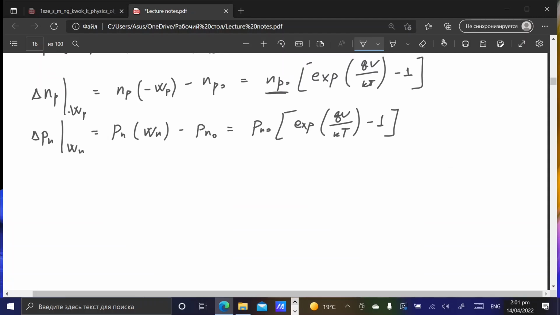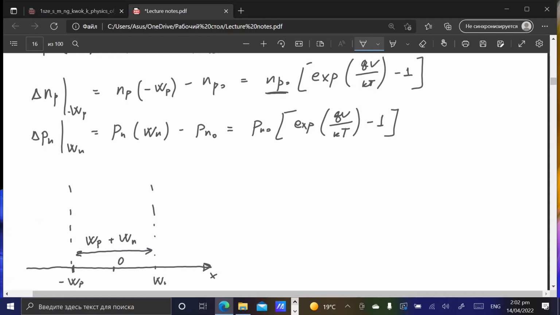Let us draw some schematic representation of this situation. So we have axis X, then we have depletion region, so it's Wp plus Wn. This is 0, so this coordinate here is minus Wp, this one is Wn.